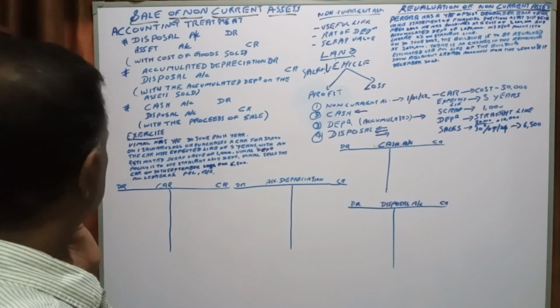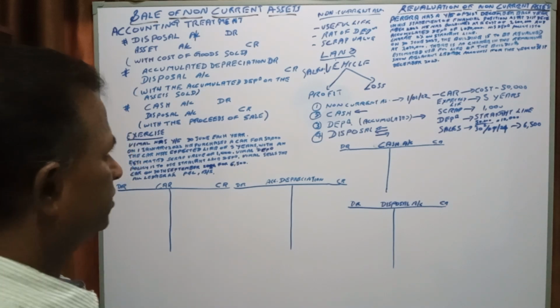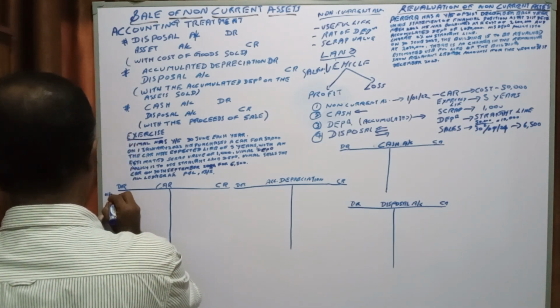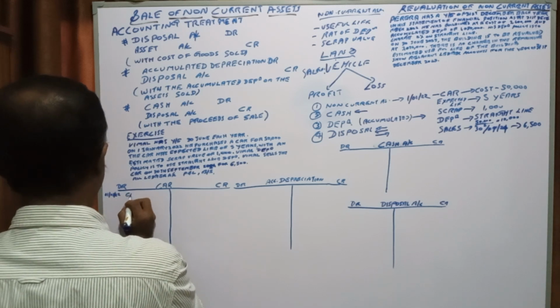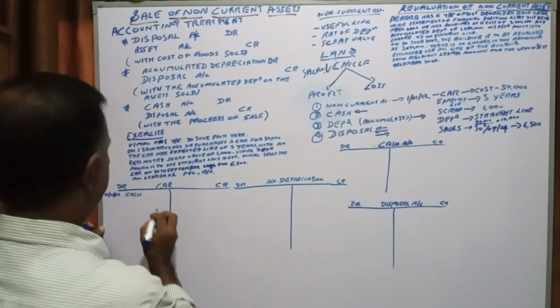Normally, the purchase date is 1st January 2022. We have paid 50,000 in cash.